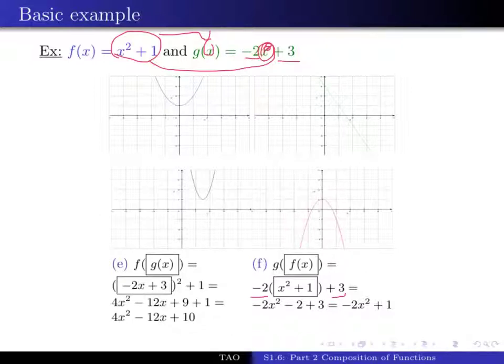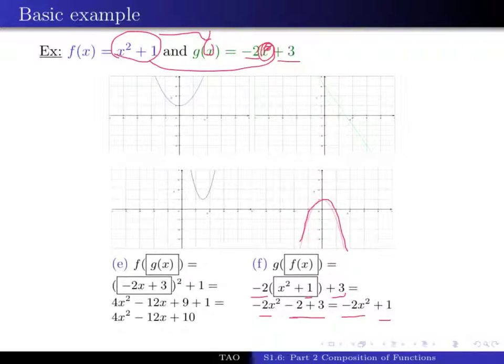Well, minus 2 times x squared is minus 2x squared. Minus 2 times a positive 1 is a minus 2. And then we combine things. We don't have any other x squareds, so that is a minus 2x squared. Minus 2 plus 3 adds together for a 1, leading us to this quadratic, which is this thing right here.